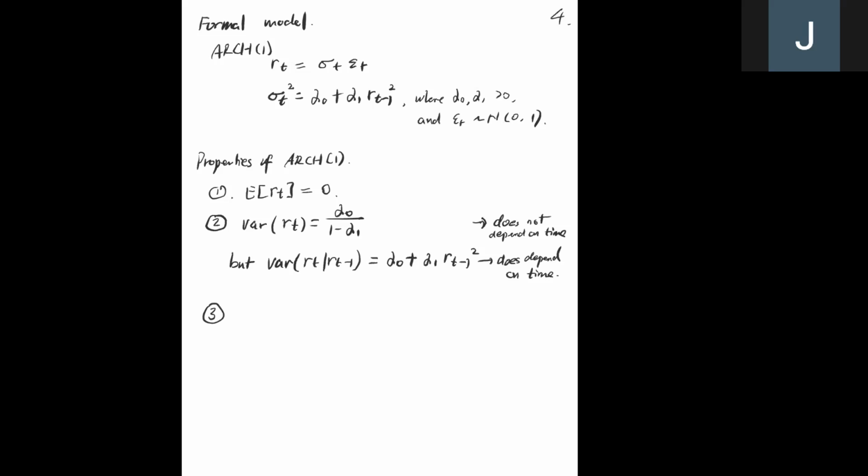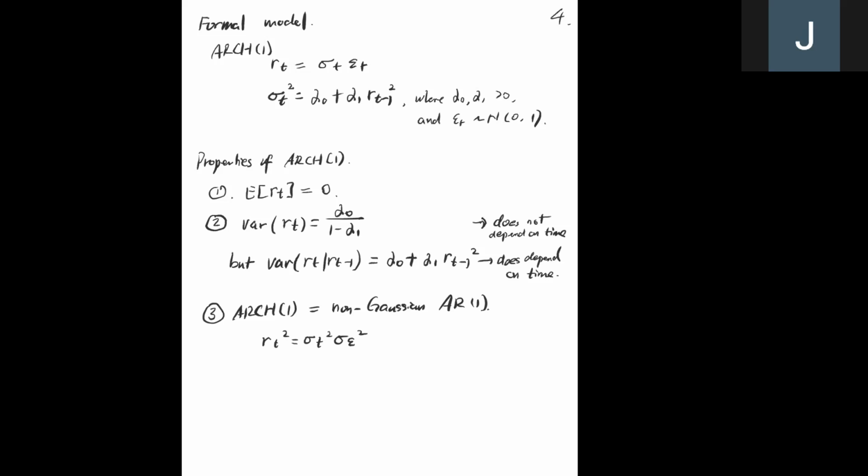The third property is that this ARCH(1) model can actually be written as, or is equivalent to, a non-Gaussian AR(1) model. So why is this the case? Let's write R_t squared equals sigma_t squared epsilon_t squared.